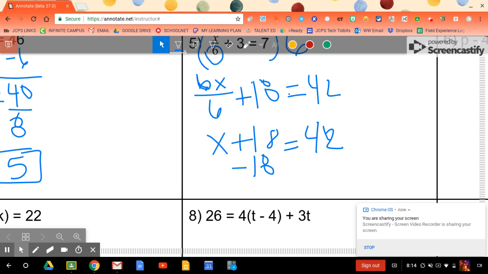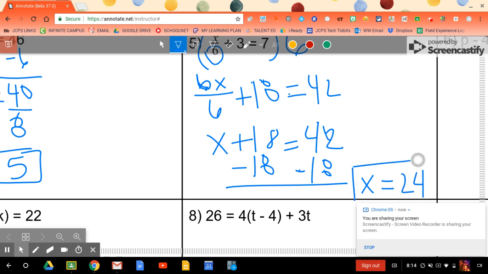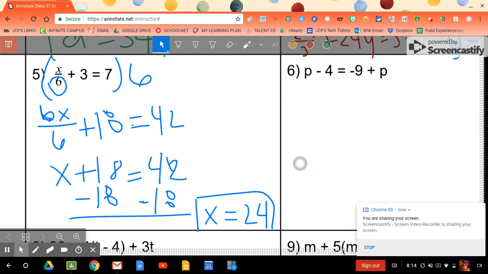So you're going to get x equals 24. The answer key for this will be on your Google Classroom too, if you can't read what I am writing. Okay, on to number 6.